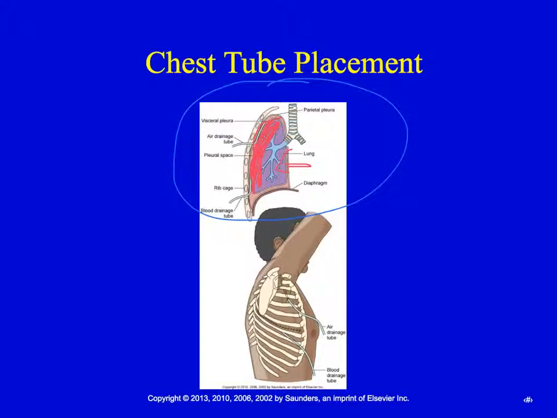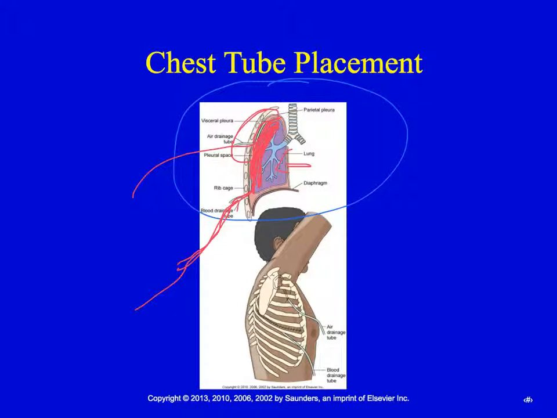So, say they're showing you a drainage tube here and a drainage tube here. And if you notice, the one down lower is a good place to drain fluid. So that tube would just drain that out of there so that the lung can reinflate. The tube that they put in up higher would be for air, and that's all about gravity.